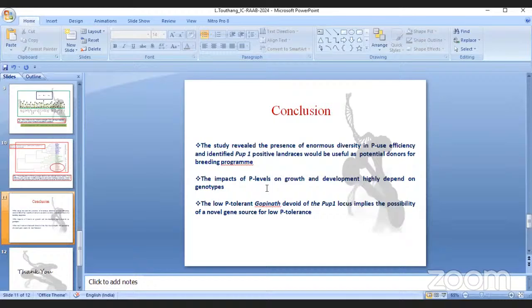The impact of phosphorus levels on growth and development depends highly on the genotypes, not on the doses of phosphorus. The low P tolerant genotype Gopinet, which I mentioned, is devoid of the PUB1 locus. This implies a possibility of a novel source of phosphorus tolerance locus in rice, which is yet to be identified. Thank you.